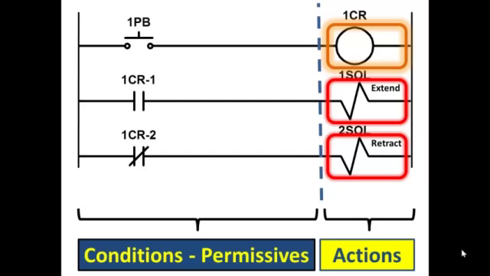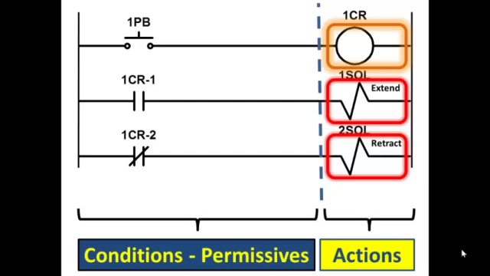Now, actions are on or off. Conditions or permissives are always true or false. The first one is a push button, so it's true if pushed. The second one is true if on for the relay coil, and the third one is true if off for the relay coil.